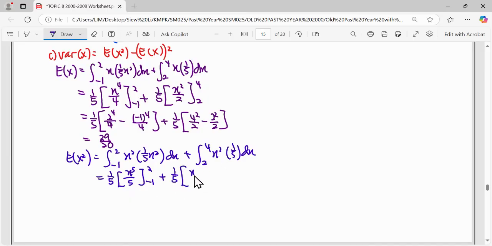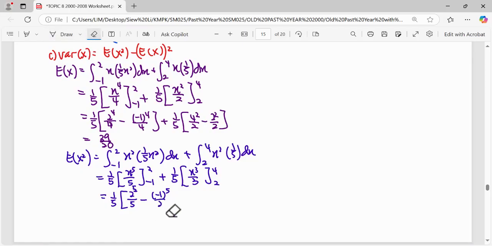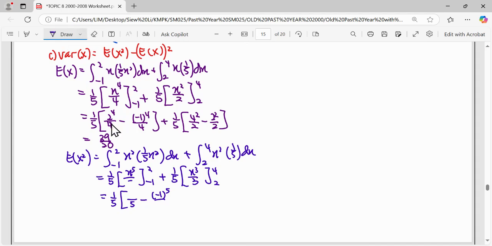We factorize out, so power plus 1 over new power, upper limit minus lower limit. And then we can evaluate this using calculator.